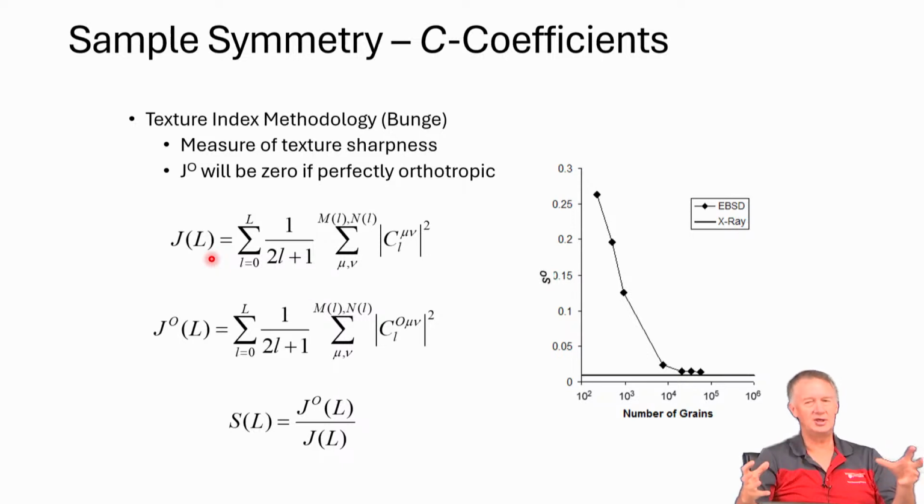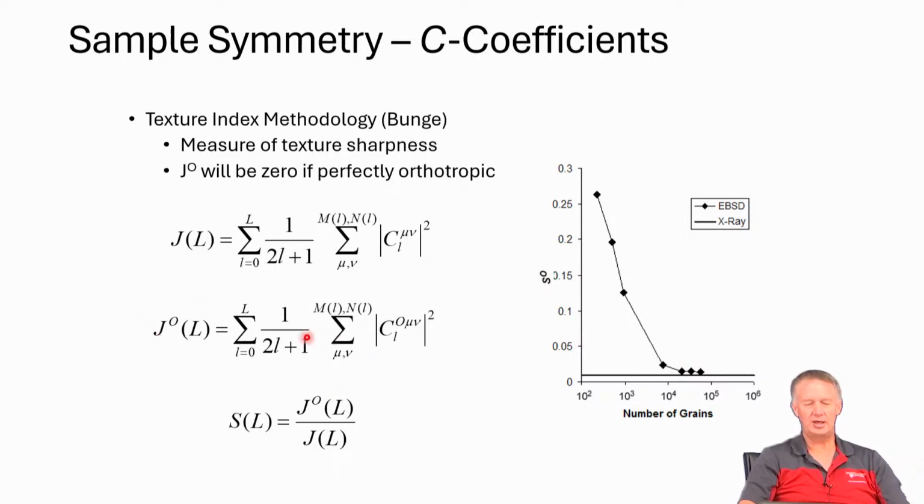So instead of showing the entire distribution, you say this is the texture index. You're taking 1 over 2L plus 1, that 2L plus 1 we see all the time in this expansion. These are just the C coefficients, the coefficients for the Fourier series expansion in the ODF. So we've determined these, we can come up with the texture index, come up with a value, and then we can plot what that value is.